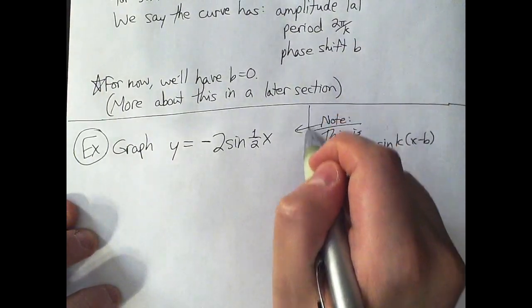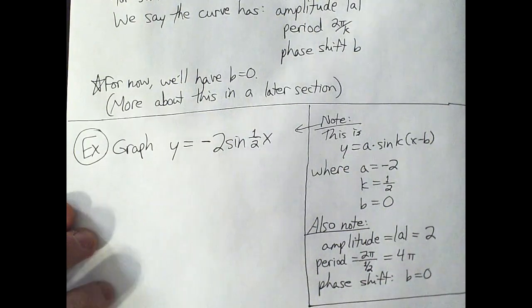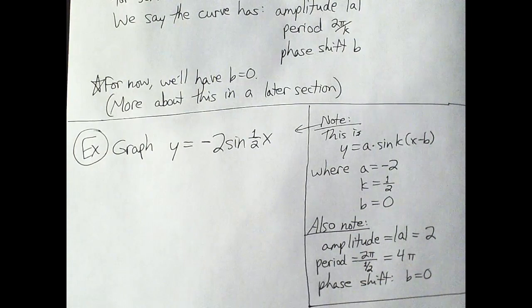So this was kind of a side note. I want to actually focus on graphing this, but at least we did address that this is a function in this form for this particular constant a, this particular constant k, and this particular constant b. Now we'll graph this and figure out what this looks like.